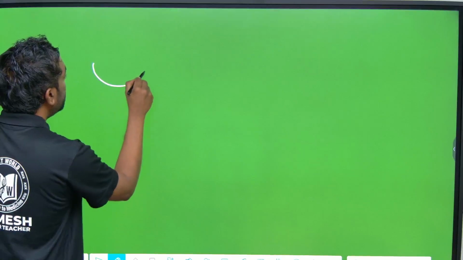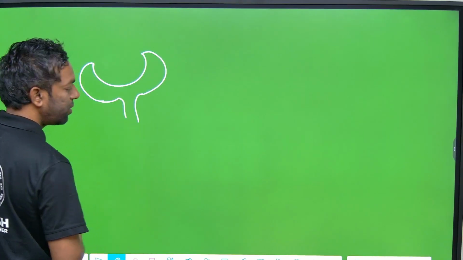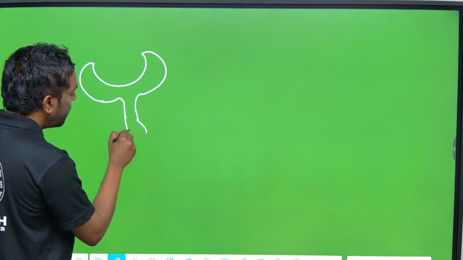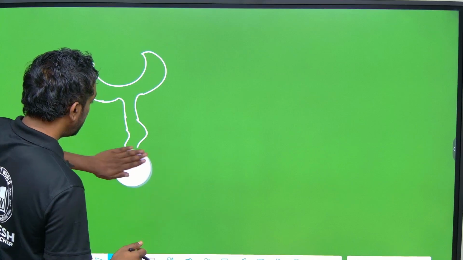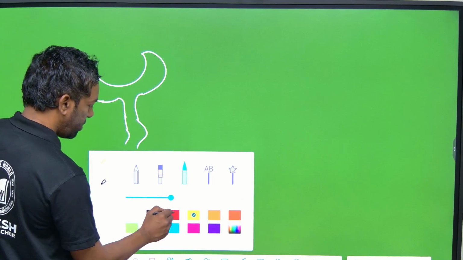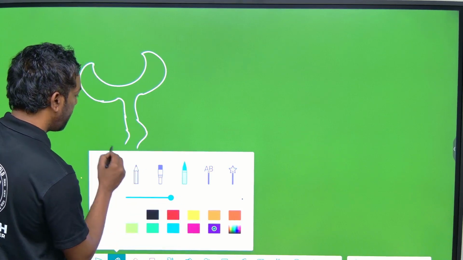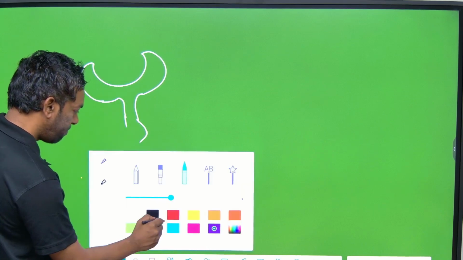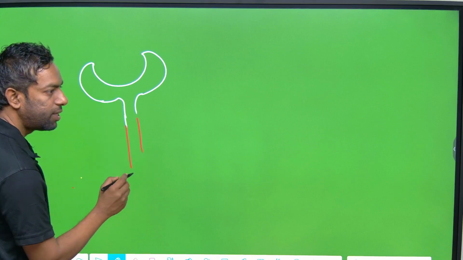This is the Bowman's capsule and the PCT. This is the DCT part, and this is the Henle limb.